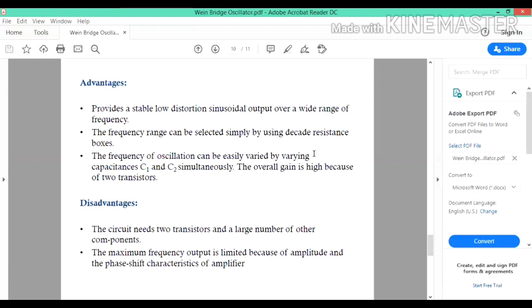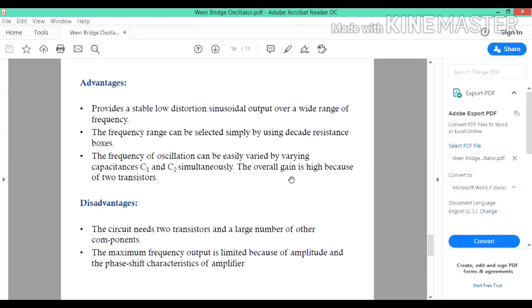That means it can provide only low frequency, so we can use small level values. And by varying the capacitances C1 and C2, you can vary your frequencies of oscillation. And by varying the frequency, you can get overall gain in a high value.